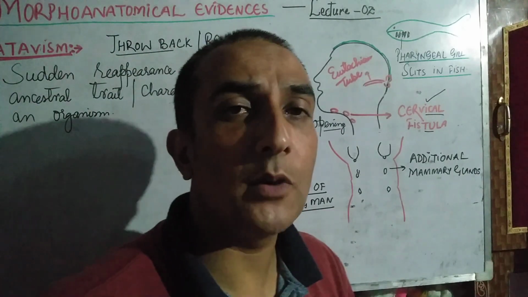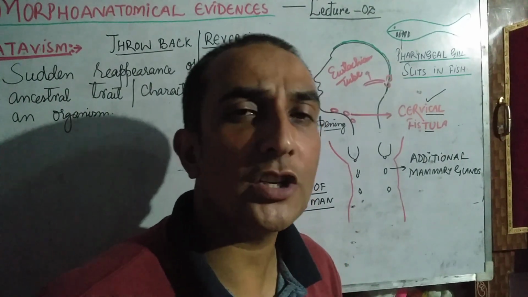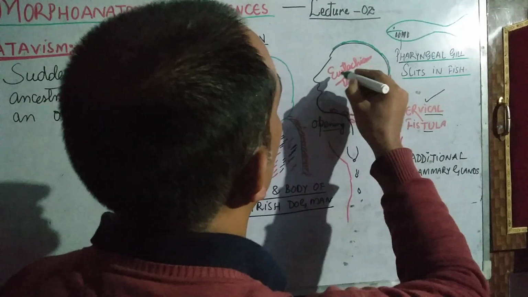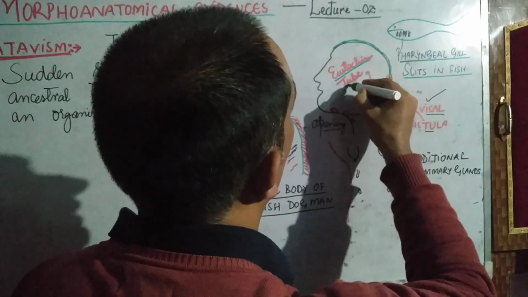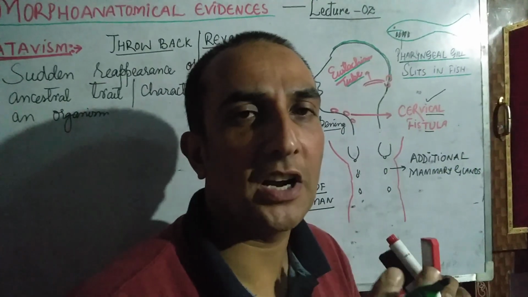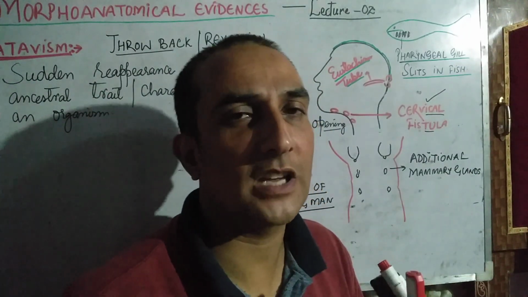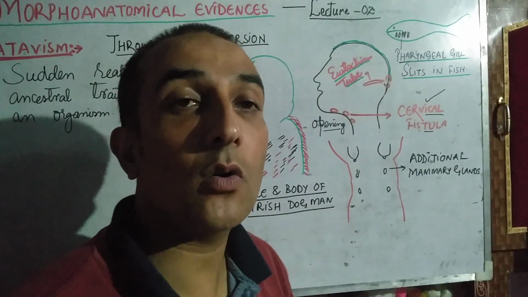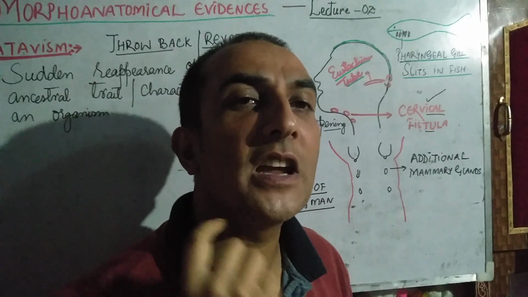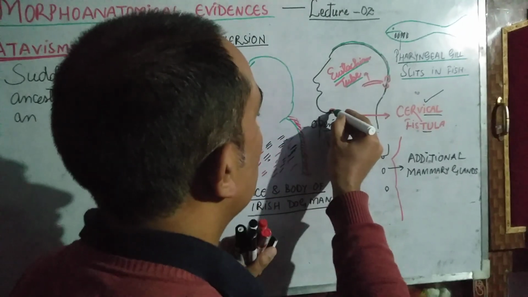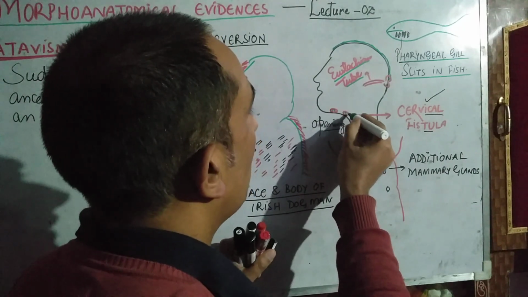So as per the embryologists, it is the eustachian tube which is formed from one of the pharyngeal slit like openings in the human embryo, and the rest of the slits degenerate, they are not present in humans as you see. But some humans suddenly undergo reappearance of such openings in their neck regions, as I have drawn over here, and this very condition is known as the cervical fistula.